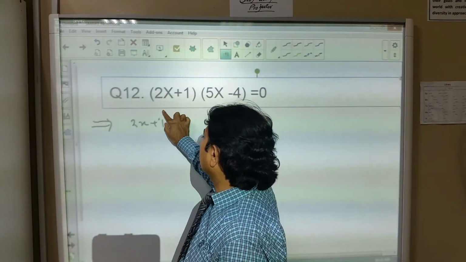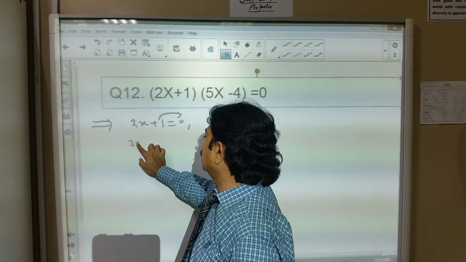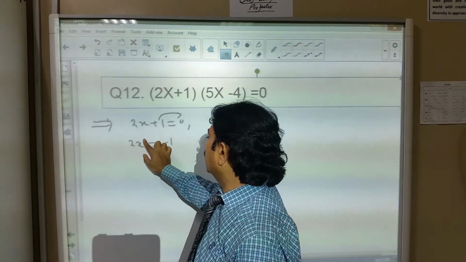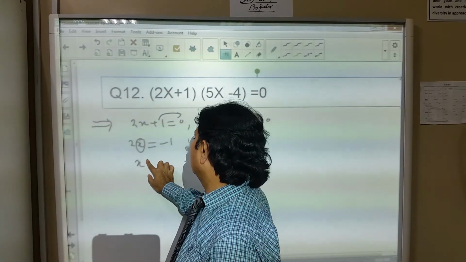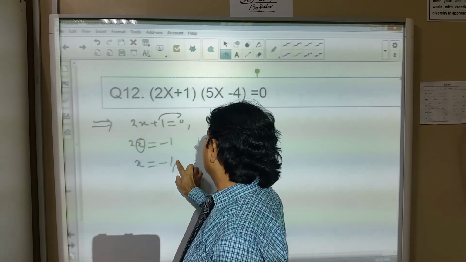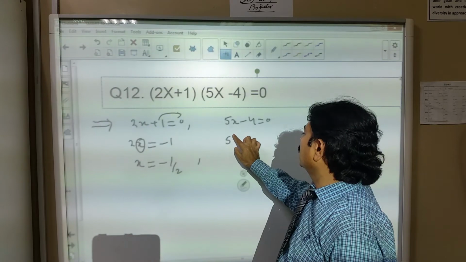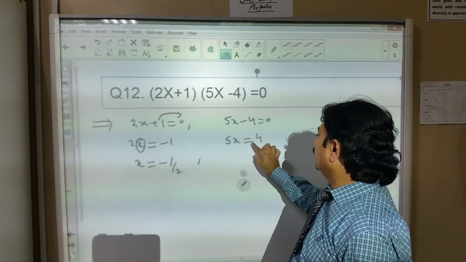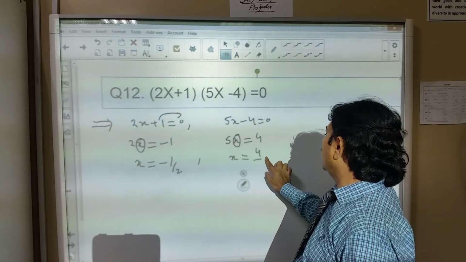So transposition, take it to the right side. 2x is equal to minus 1, and you have to find x, which is equal to minus 1 by 2. Now here 5x is equal to 4 and x is equal to 4 over 5.